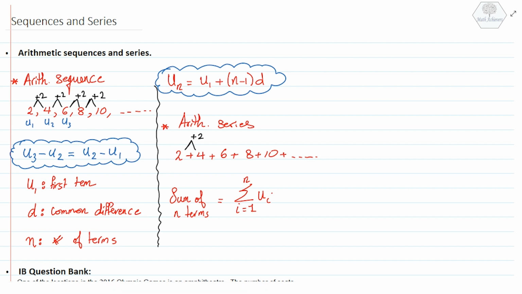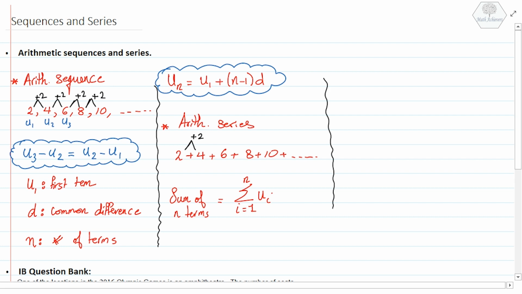The formula used to find the sum of a given number of terms, we can use Sn, the sum of n terms, is equal to n over 2 times 2u1 plus n minus 1 times d, the common difference.